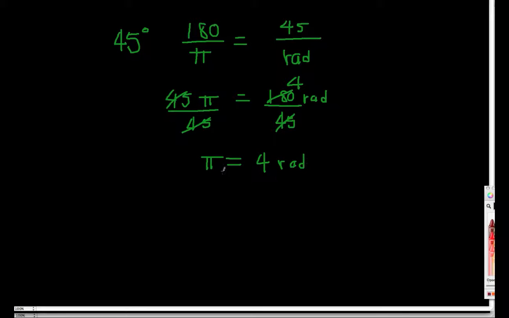Divide both sides by 4. These 4's cancel, and I get pi over 4 is equal to the angle in radians. Okay, so I hope that helps you in doing these calculations.